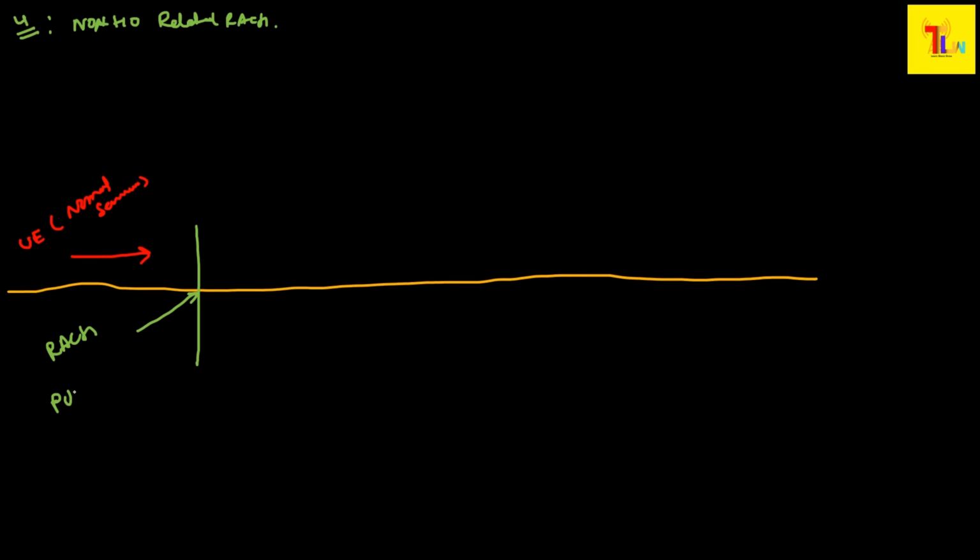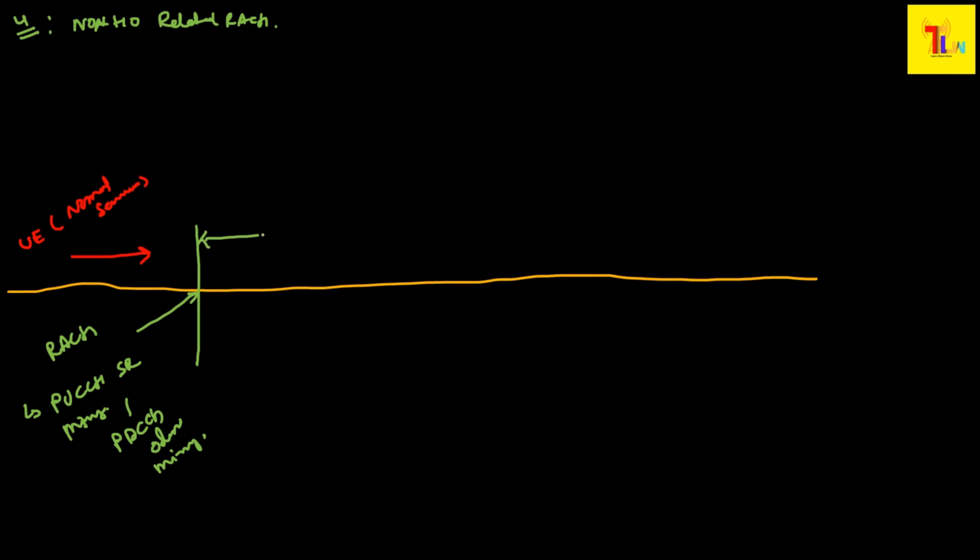For example, your PUCCH resource is missing, or the PDCCH order is missing. So it will tell the UE to attempt for the RACH.